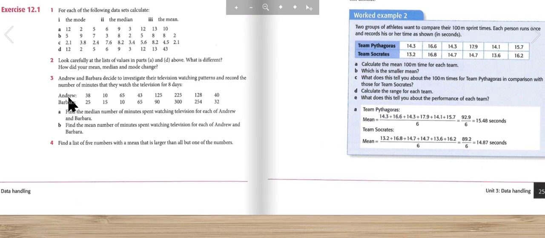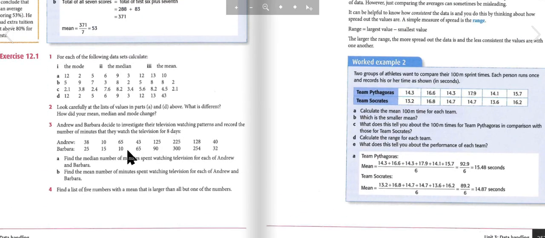Question 3. Andrew and Barbara decide to investigate their television watching patterns and record the number of minutes that they watched television for 8 days. Find the median number of minutes spent watching television for each of Andrew and Barbara. Find the mean number of minutes for each.